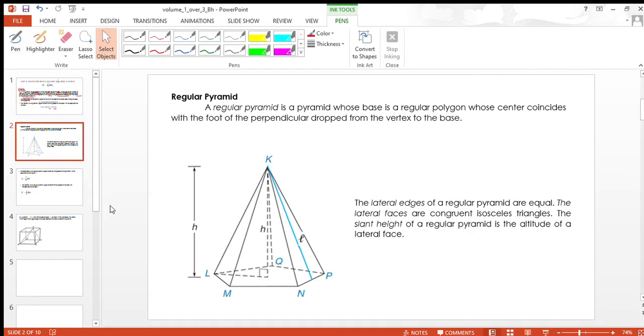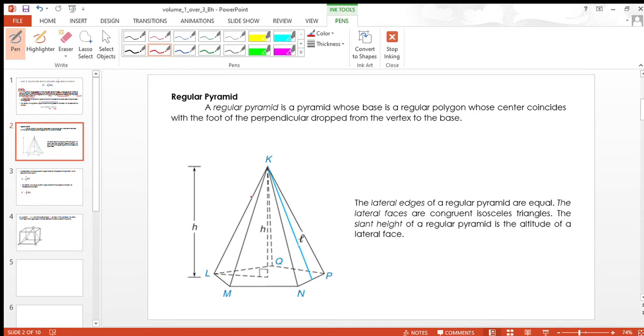So let's look at this diagram here. This is an example of a pyramid. Again, a pyramid has a base that is a polygon, and then you have a point outside the base, which is called the vertex.